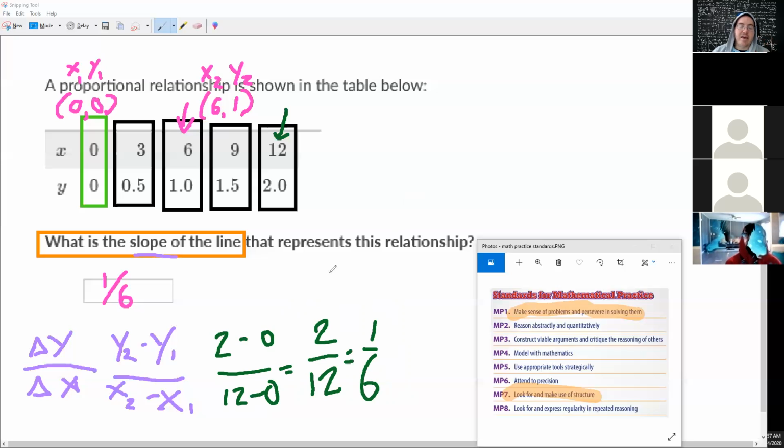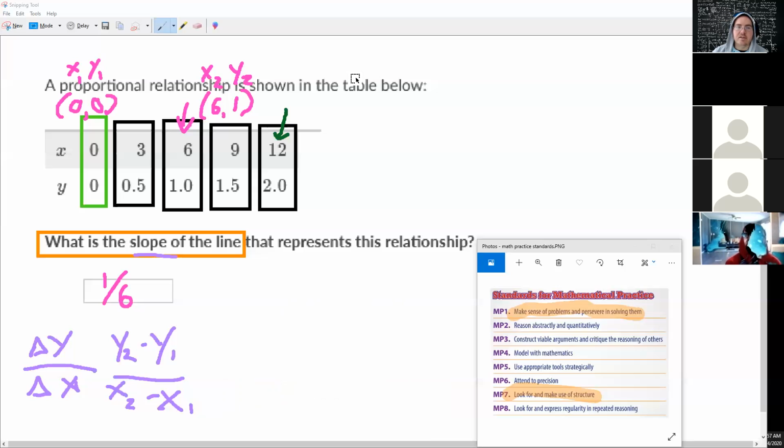And let's say they only gave you decimals. If they only gave you decimals, you had no choice but to use decimals. Guess what? You're going to have to do that someday. So let's go ahead and just do one. Let's say they had given you this one right here. So let's say you had to do 0.5 minus 0 over 3 minus 0.